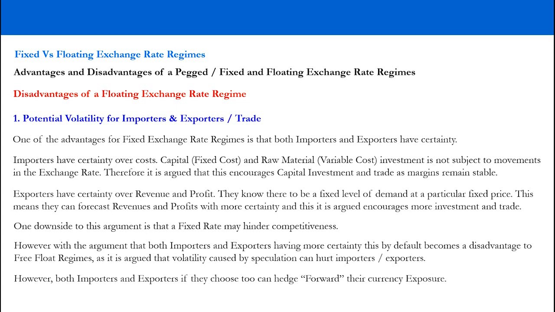Now, when you get certainty in both of these cases for importers and exporters, it can decrease competition in the industrial sectors or the service sectors that they are actually in. So, for example, let's say you're an importer and you have fixed capital costs at a fixed exchange rate, and your raw material costs are fixed, and you make a fixed margin, and everything is very sustainable and very predictable because the exchange rate is fixed.